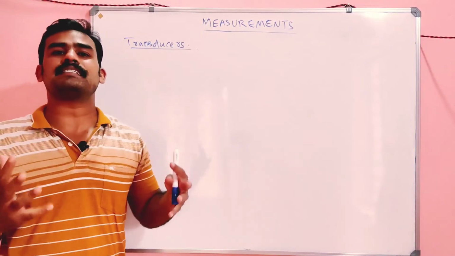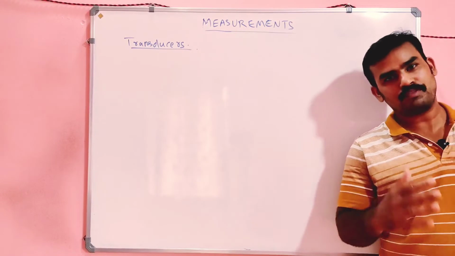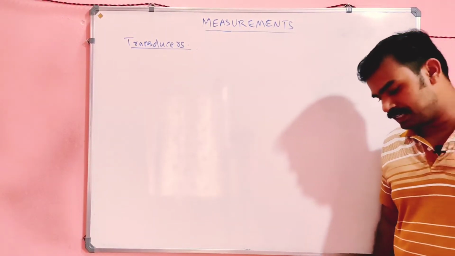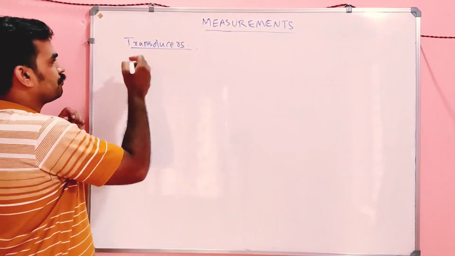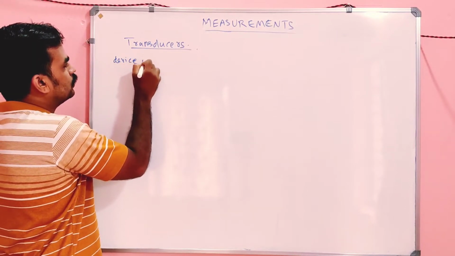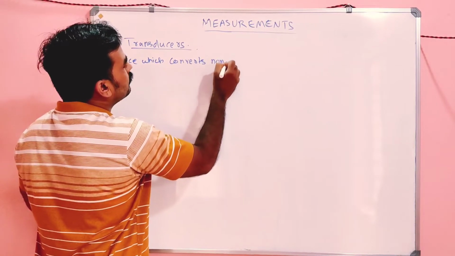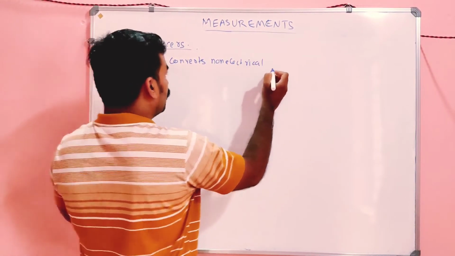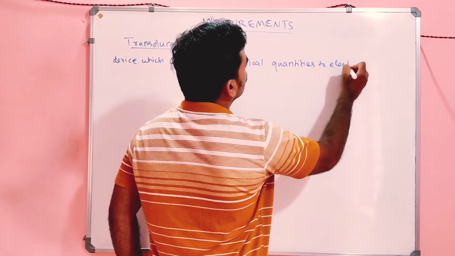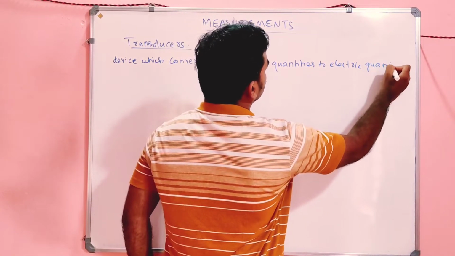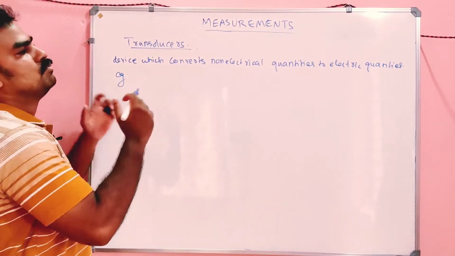A transducer is a device which converts one form of energy to another. In an electrical or measurement system, a transducer means a device which converts non-electrical quantities to electrical quantities, or vice versa.